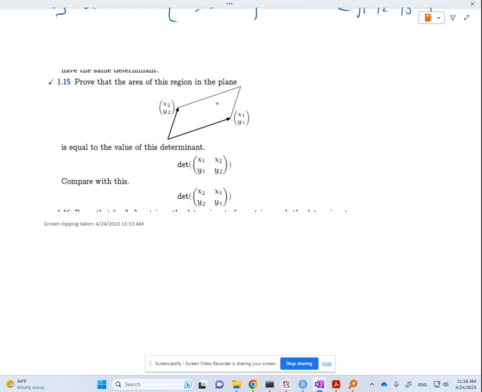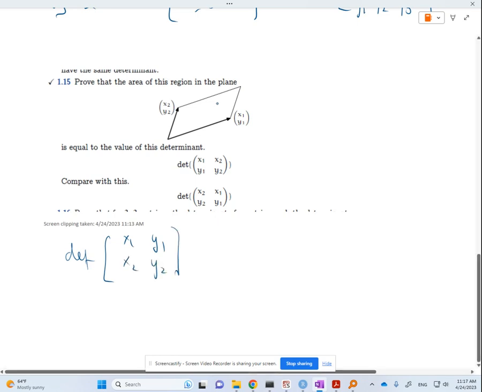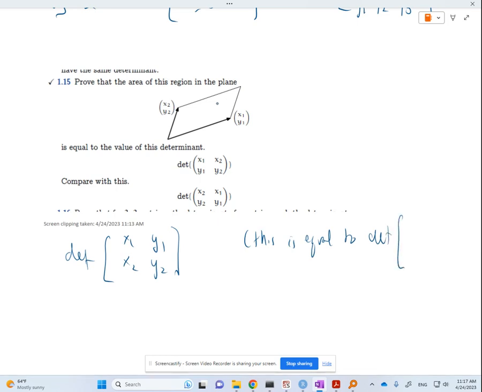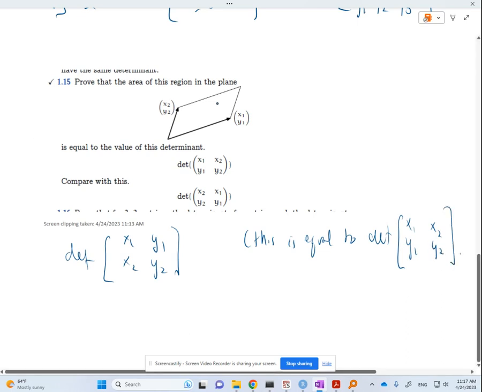Okay, so I would rather do this determinant than the other one. I'm going to look at the determinant x1, y1, x2, y2. Now we know that this is equal to the determinant of x1, y1, x2, y2. But I think that it's more intuitive, and there's a better relationship between this and the other.